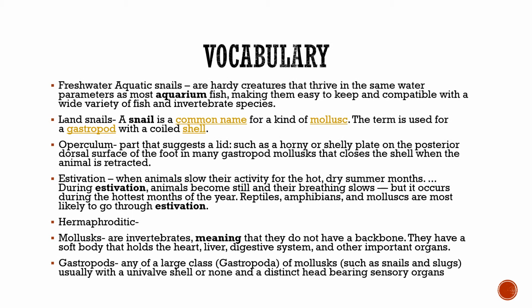Okay, some vocabulary or words to know. We began talking about water snails, and we also talked about those being known as aquatic snails. Well, we have some freshwater aquatic snails, which are hardy creatures that thrive in the same water parameters as most aquarium fish, making them easy to keep and compatible with a wide variety of fish and invertebrate species.